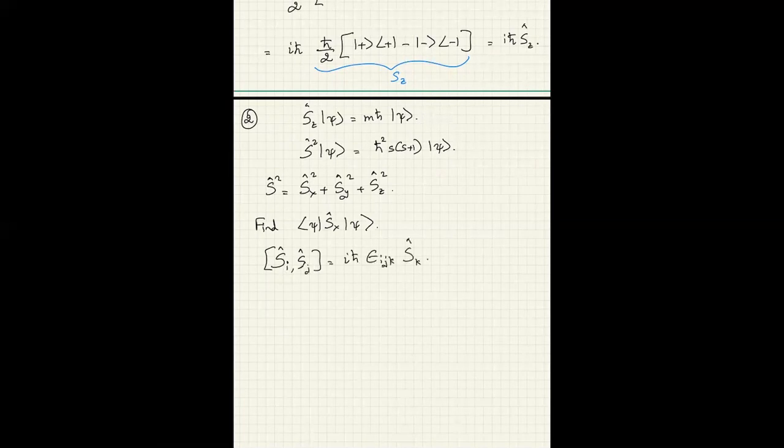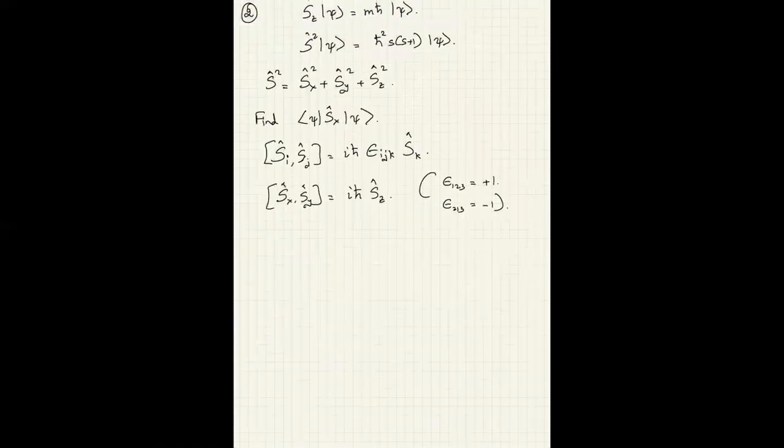If I put i equals x and j equals y, I can write [Sx, Sy] equals i h bar epsilon 1, 2, 3, which is 1, times Sz. Remember that epsilon 1, 2, 3 equals plus 1, and epsilon 2, 1, 3, if I switch the order, would be minus 1, and so on. I hope you already know about the epsilon tensor. If not, please ask me later.